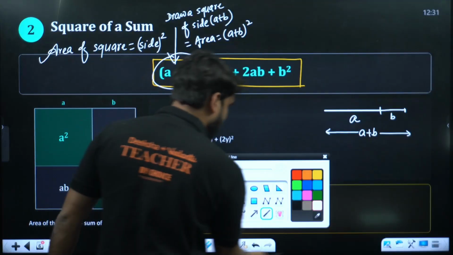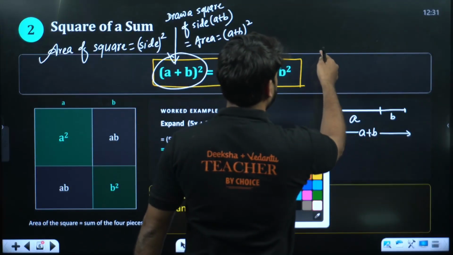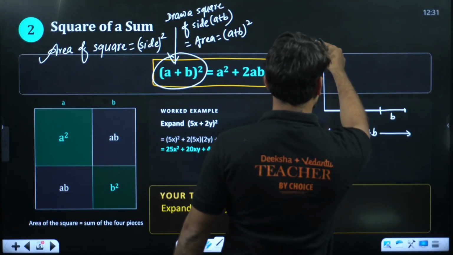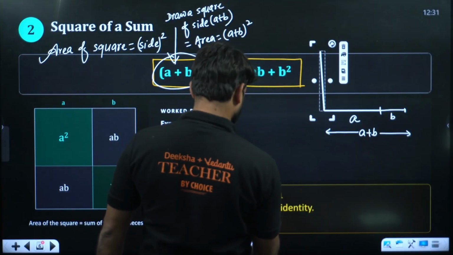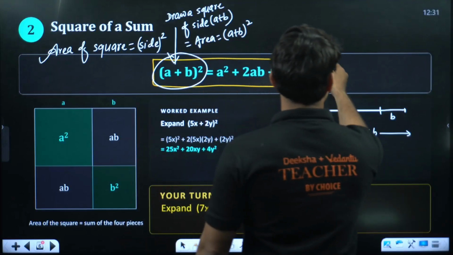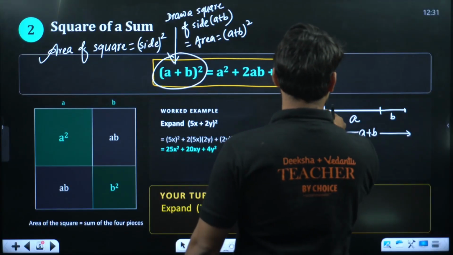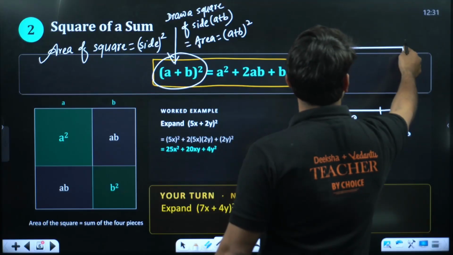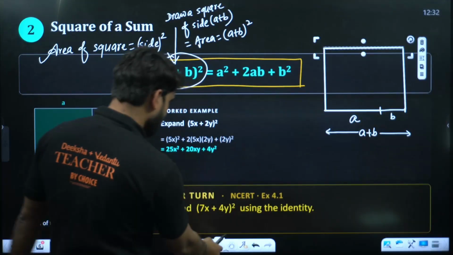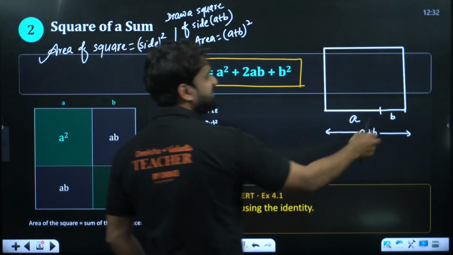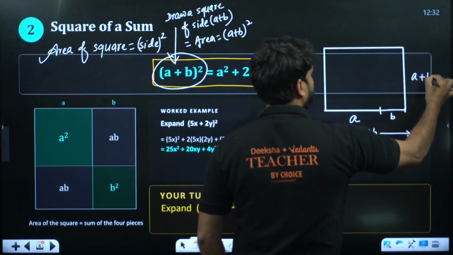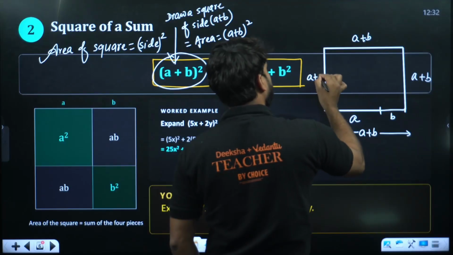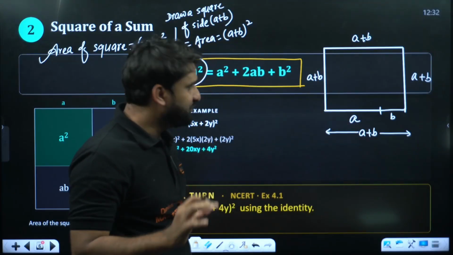Now let's make a square of this same side. Let me draw; the line should be perfectly vertical. So this is one more side, one more side, and one more side. So we have a square of side a + b, right, champions? Now please observe.